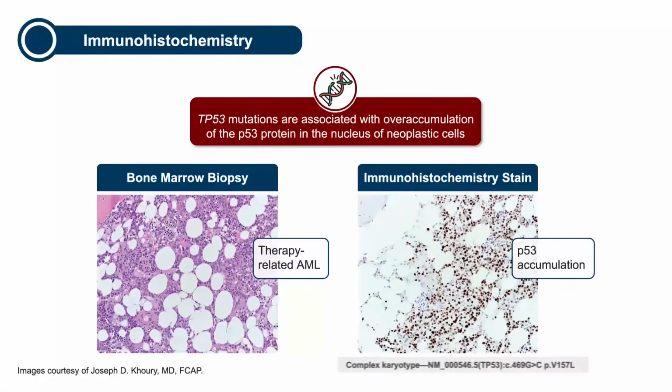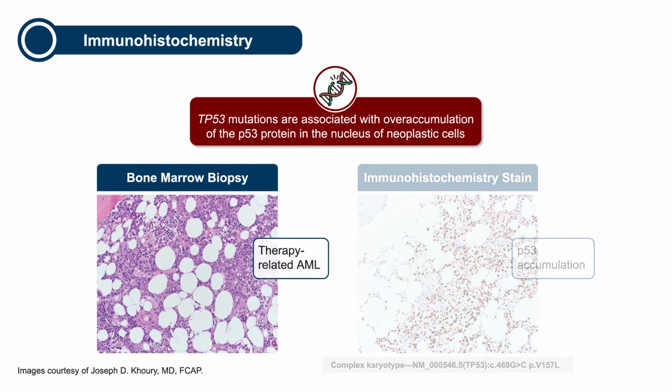Suffice it to say that immunohistochemistry, as a result, provides a very powerful tool for us to recognize the presence of P53 mutations, as well as often copy number losses in tissue samples from patients who might have P53 mutations.